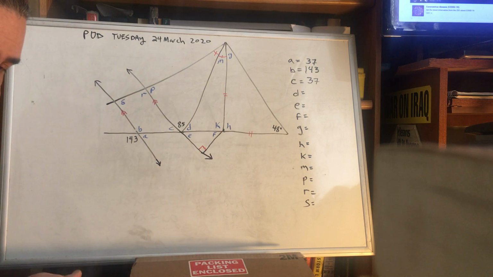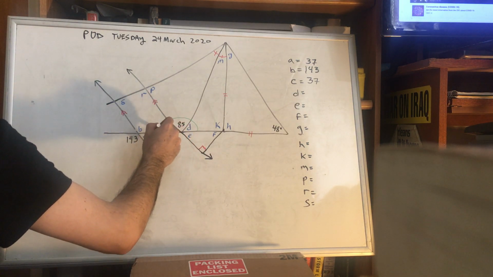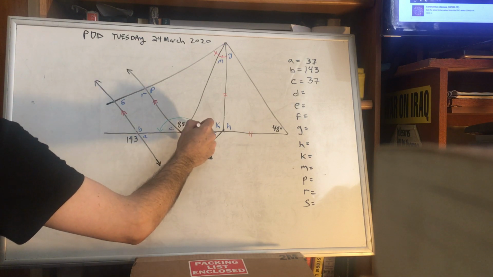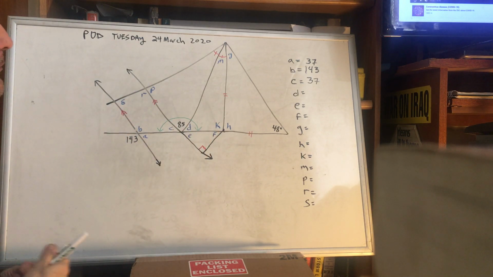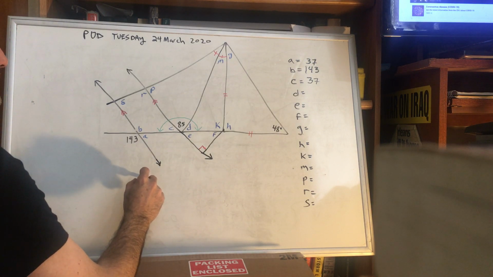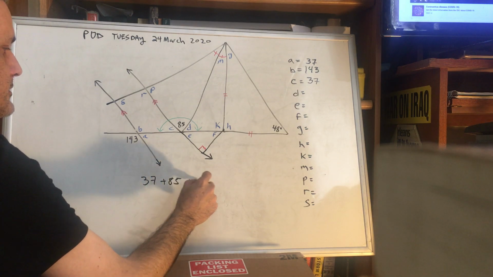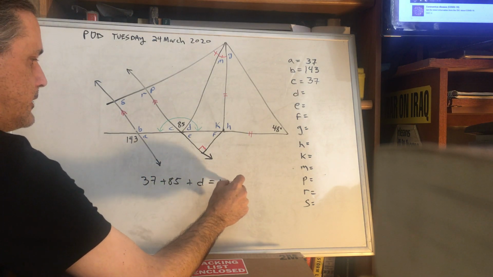Okay, and then if you notice D here, we got a straight angle. So if we know C and 85, then we can write 37 plus 85 plus D equals 180.